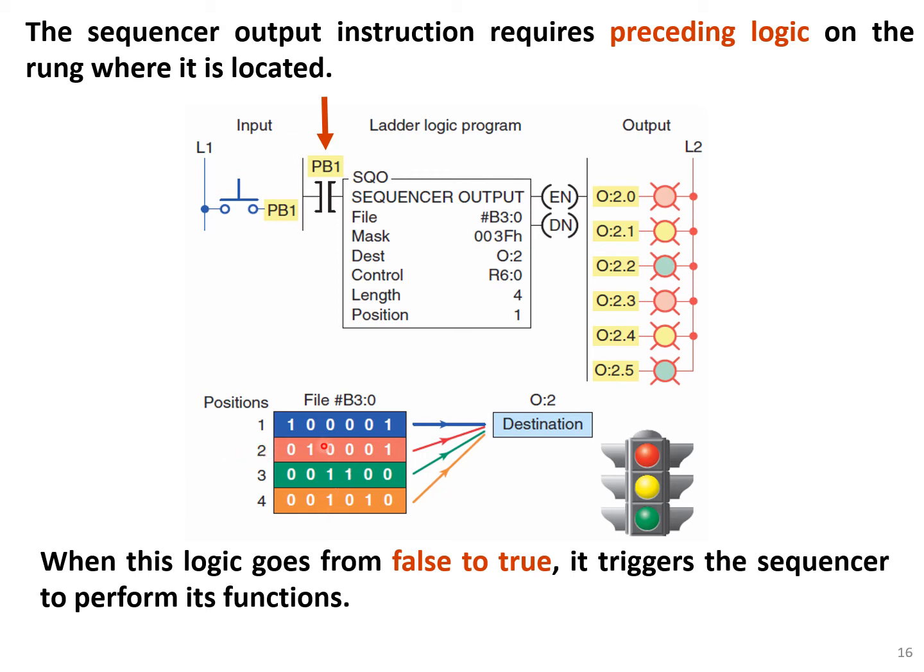So here we have our sequencer file and the destination, or these red lights. When this logic goes from false to true, it triggers the sequencer to perform its functions.